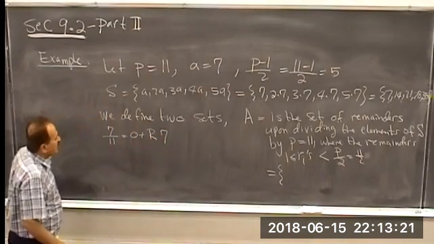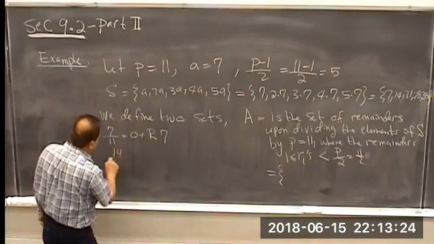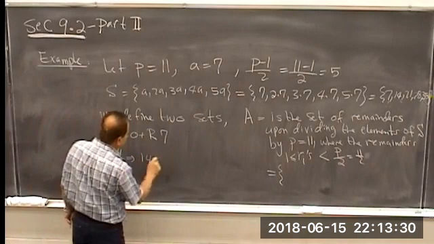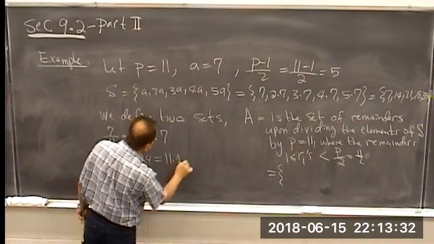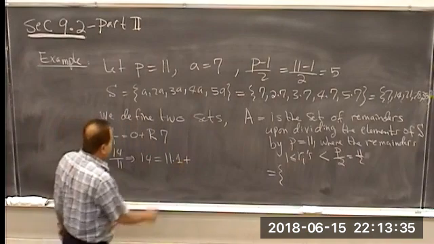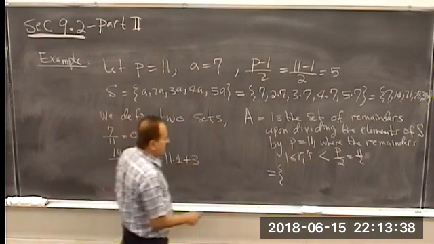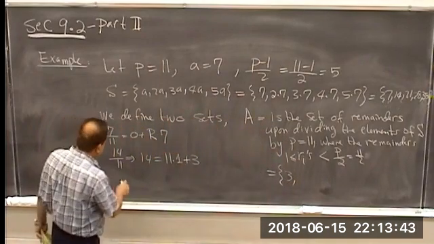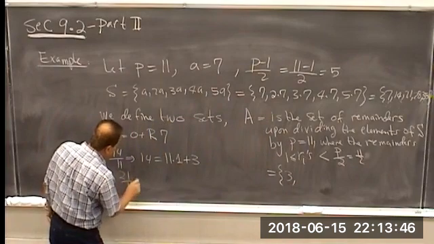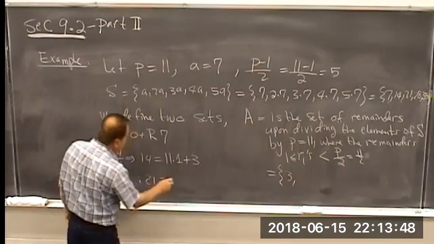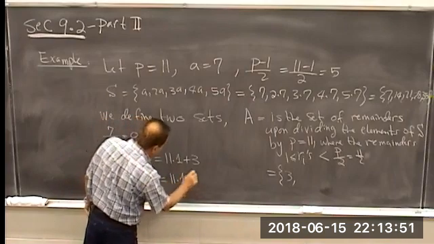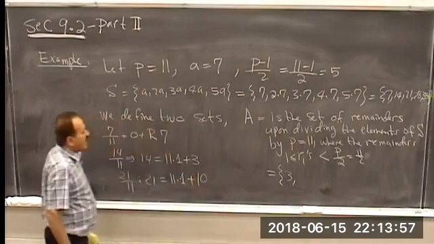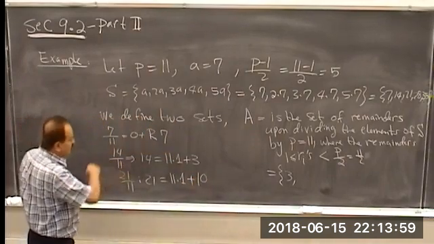Then we have 14 over 11, which is the same as applying the division algorithm, writing 14 as 11 multiplied by 1 plus 3. So the remainder is 3, and we put the 3 in here. Then we do 21 over 11. Write 21 as 11 multiplied by 1 plus 10, and that remainder goes to the other set.